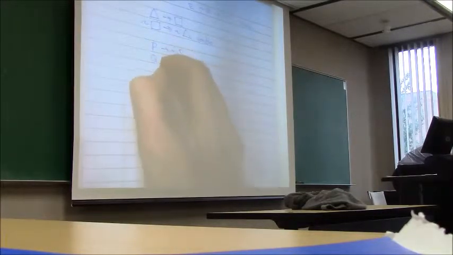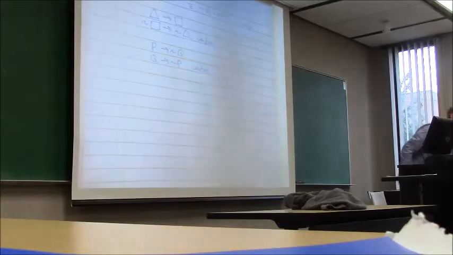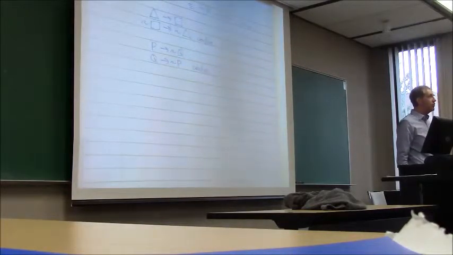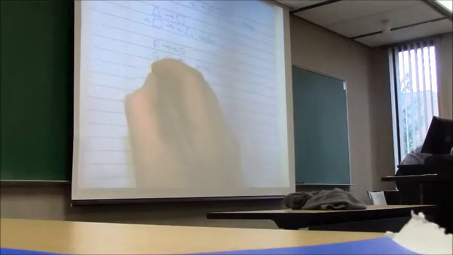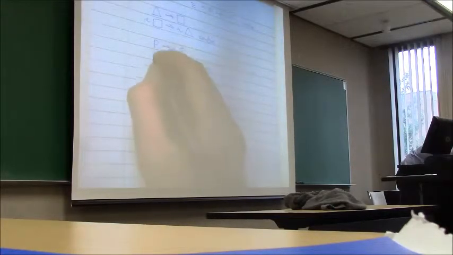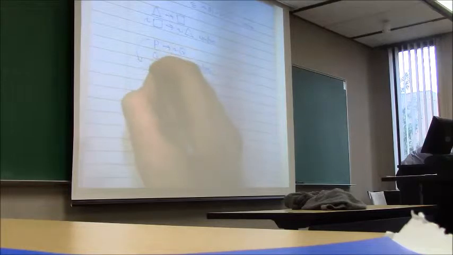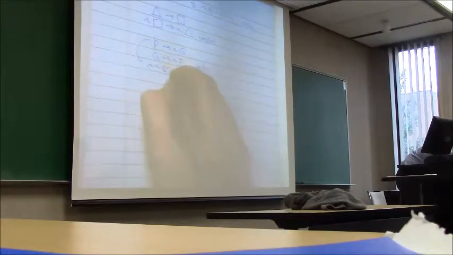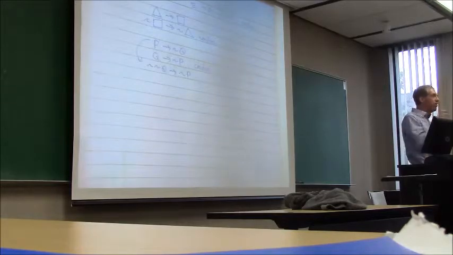But also, what if I start with if P then not Q? What does contraposition give me? If Q then not P, that's right. Now if you're a stickler, you can just add a tilde on both sides. So you could start with this and it would give you if not Q then not not P. So you don't want to think about it, you just want to always add a tilde.